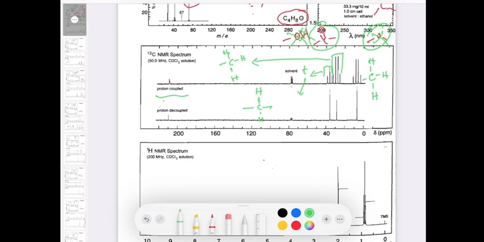So in the proton decoupled spectrum, you are seeing only 3 carbons in the aliphatic region. The rest are sp2 hybridized. So the first one, as we know, matches this methyl, this is another methyl, and this is the methylene group.